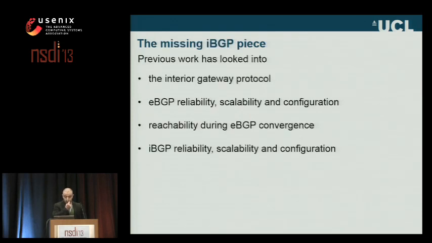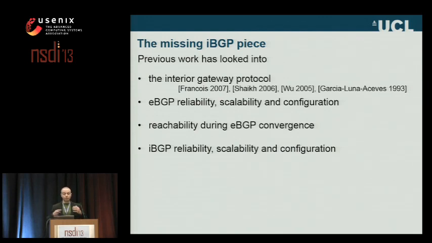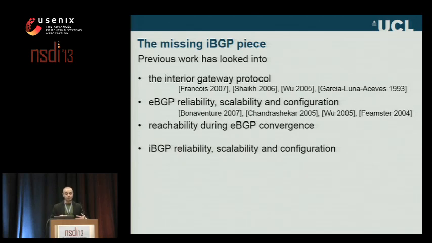Okay, so we need to look at all three pieces of the routing system. There has been a lot of research on reliable and transient-free interior gateway protocols. There has also been previous research on improving eBGP, not only in terms of the usual suspects such as reliability, scalability, and configuration, but also improving eBGP in terms of reachability during convergence, looking at what happens while this external route is propagating.